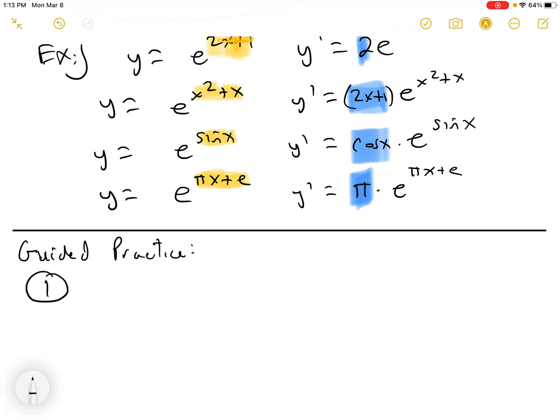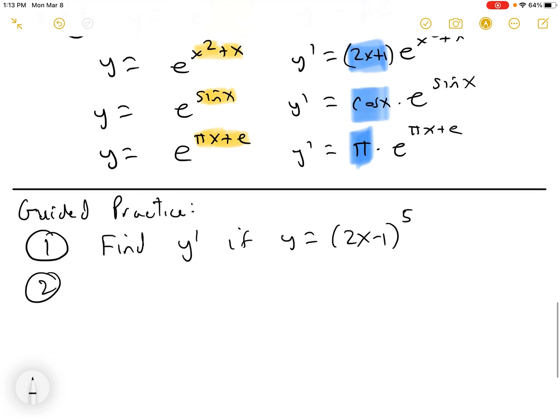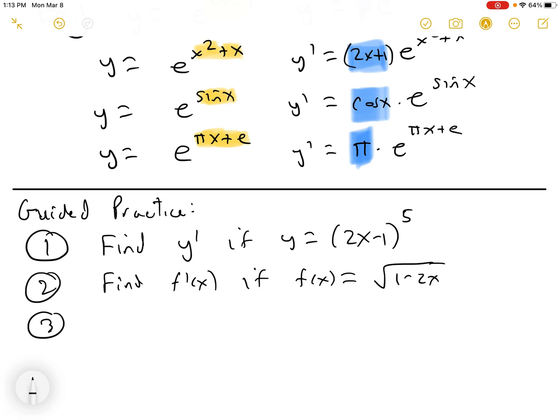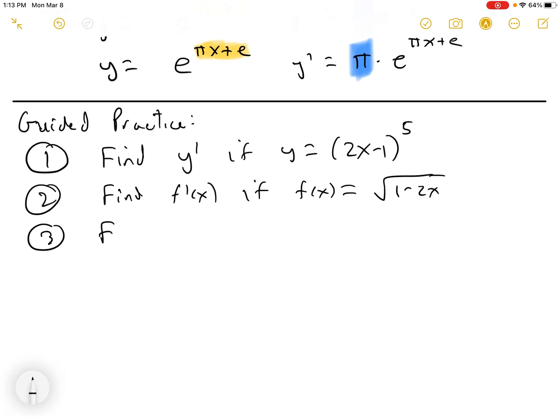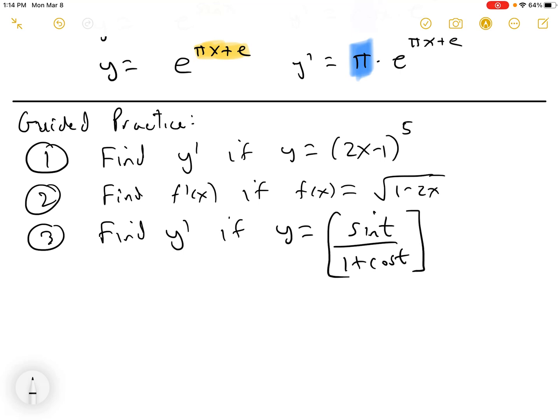Problem 1: find y prime if y equals 2x minus 1 to the 5th. 2: find f prime of x if f of x equals the square root of 1 minus 2x. 3: find y prime if y equals, this is a fun one, sine t over 1 plus cos t quantity squared.